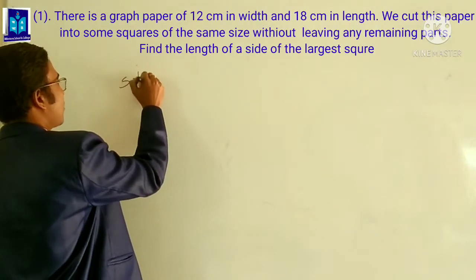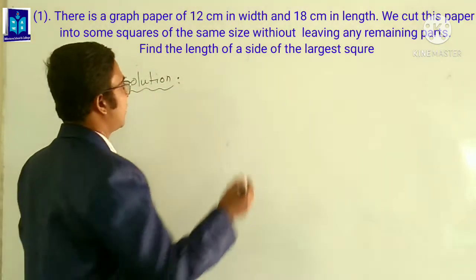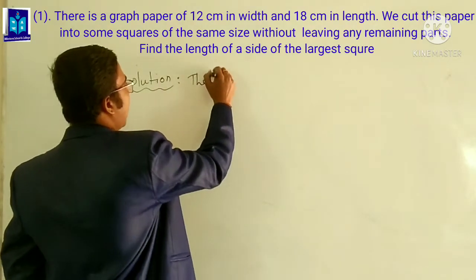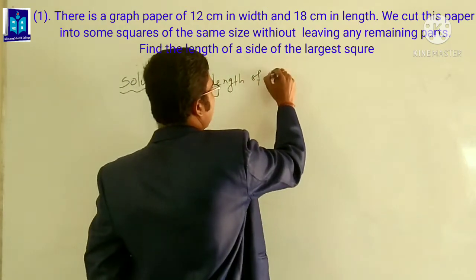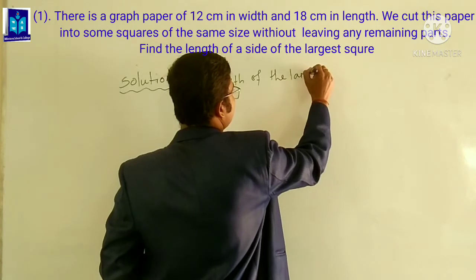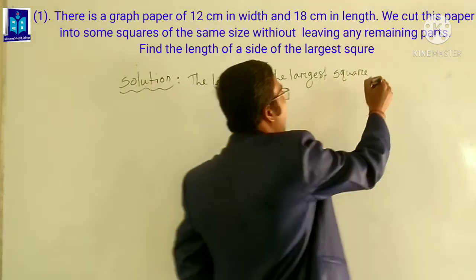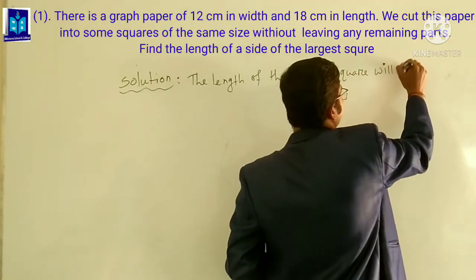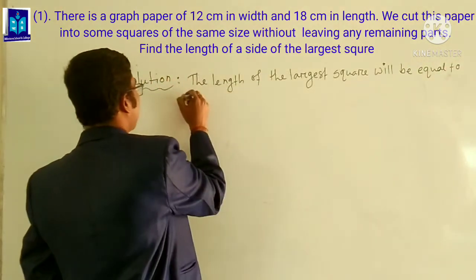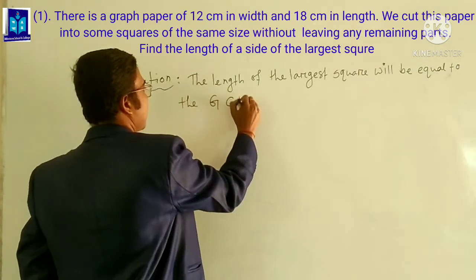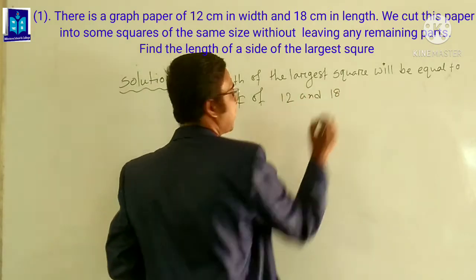So the solution will be: the length of the largest square will be equal to the GCF of 12 and 18.